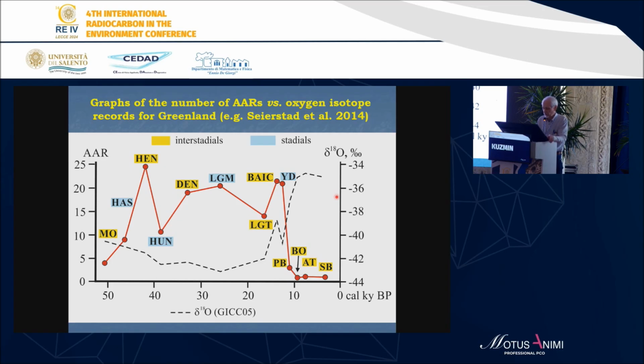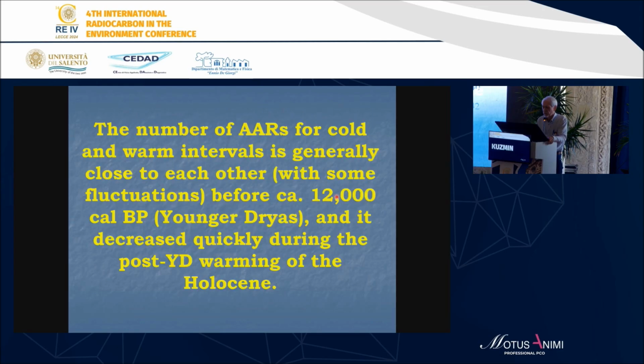Which turned out to be tricky. But anyway, from the first glance, you could see that usually the number of occurrences of mammoths for cold and warm intervals is not very different from each other before 12,000 calibrated, before the Younger Dryas.